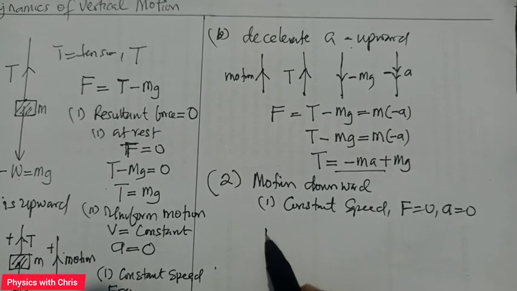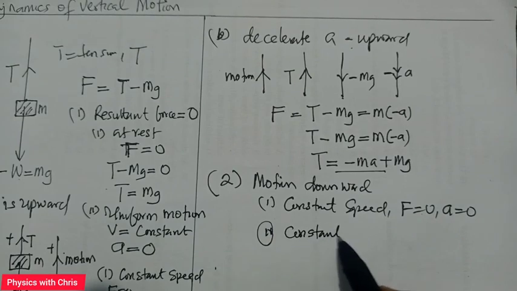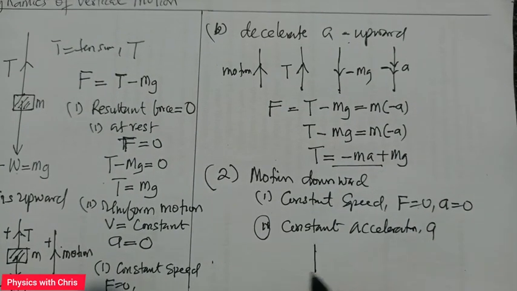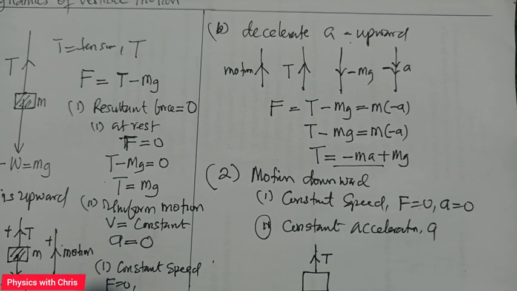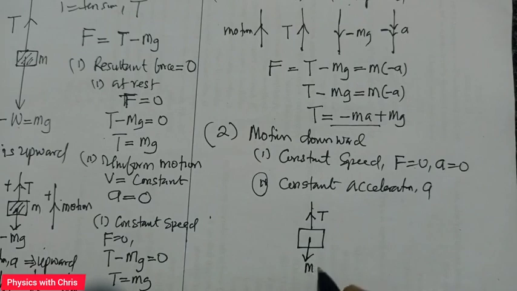Let's say the body moves, case 2, with a constant acceleration A in the downward direction. What happens? Let me redraw that. This is the body of mass m. The tension is still acting in that direction. The weight of the body, acting from the center of mass, acts downwards.